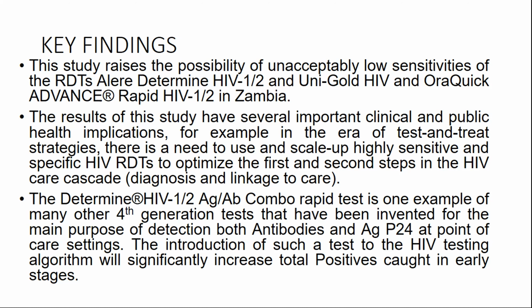The Determine HIV 1 and 2 antigen antibody combo rapid test is one example of many other fourth generation tests that have been invented for the main purpose of detection of both antibodies and the antigen P24 at the point of care setting. The introduction of such a test to the HIV testing algorithm would significantly increase total positive tests being caught in early stages.